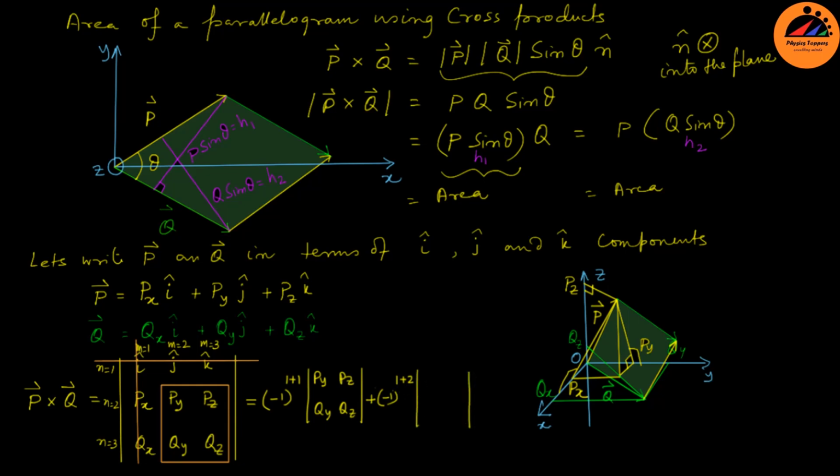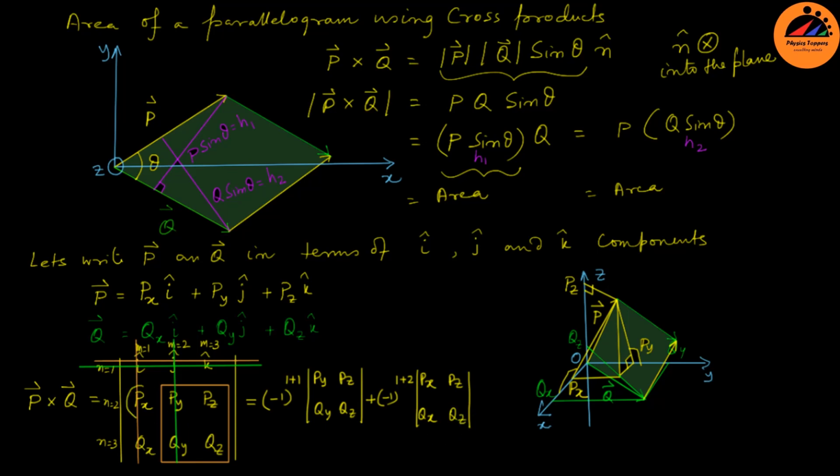So whenever you are pressing j, what happens? Just remove these two rows and you are left with Px Pz Qx Qz, right? So these four are there, right?